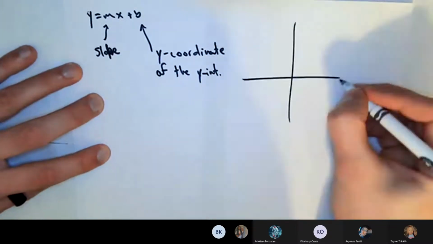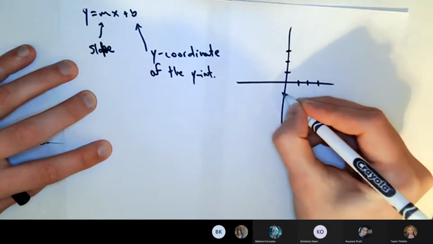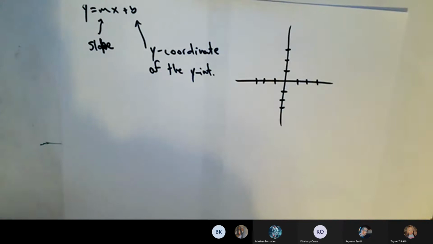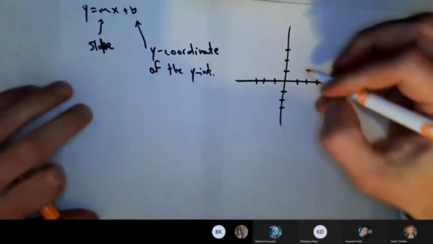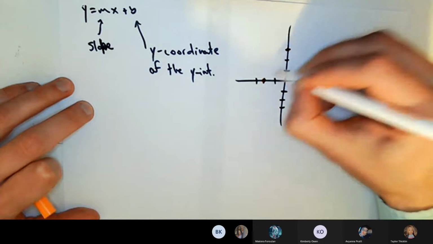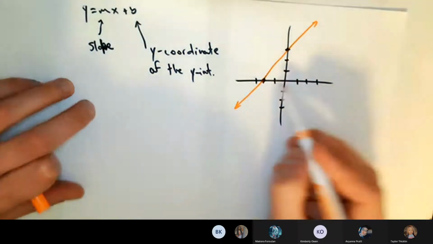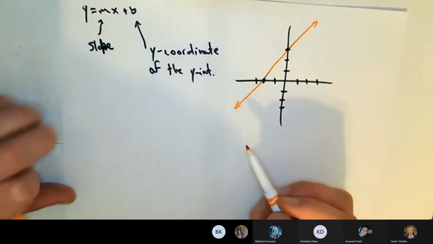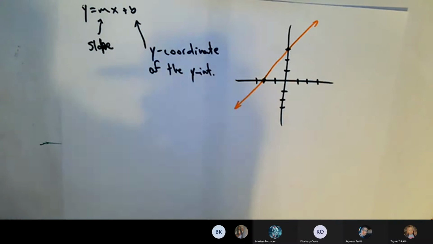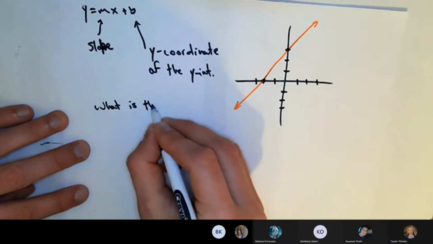That means if I draw some line, going through here and here, like that, going through the x-axis at -2 and the y-axis at +3, and I ask, what is the equation of the line? You should be able to write down the equation of the line.